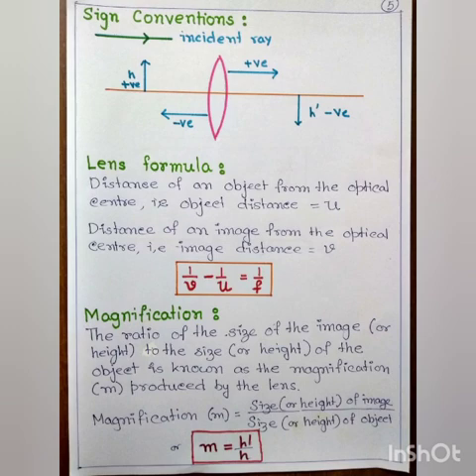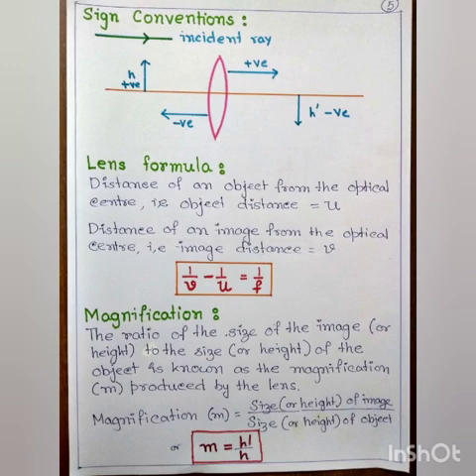So compare this relation with the mirror formula. For the mirror formula, 1 by v plus 1 by u was equal to 1 by f. Means the relation between the reciprocals of v and u was positive. But here remember 1 by v minus 1 by u is equal to 1 by f.